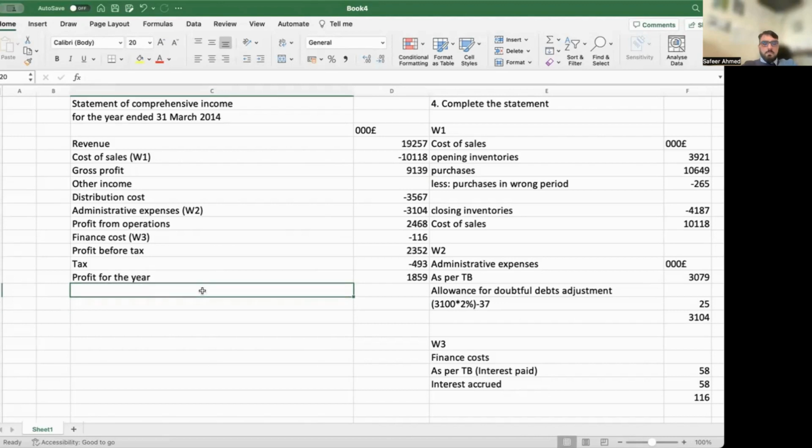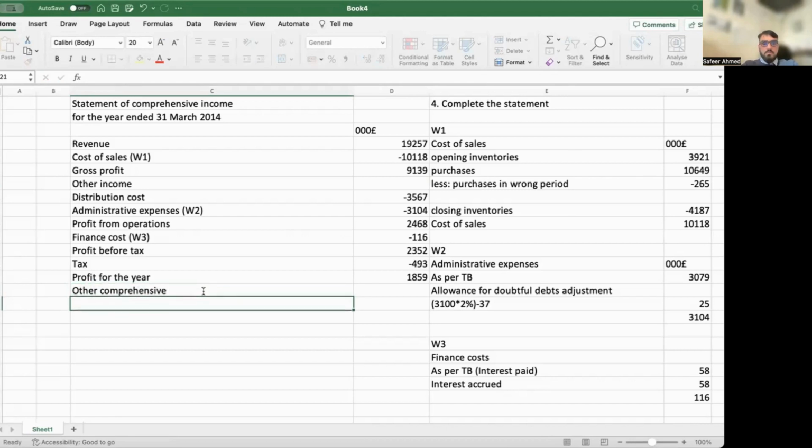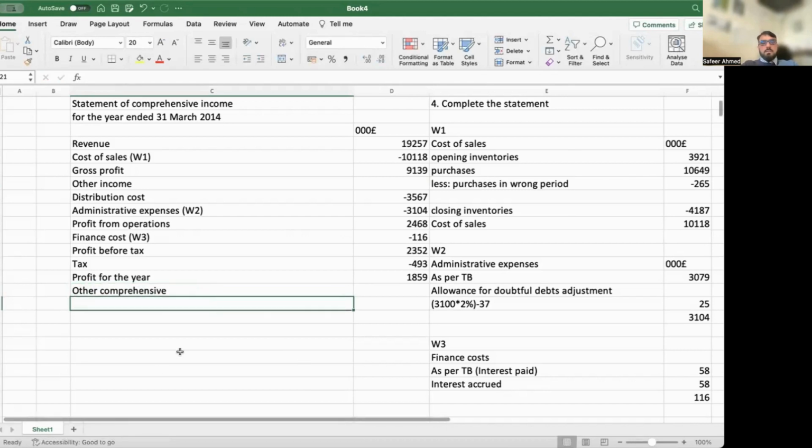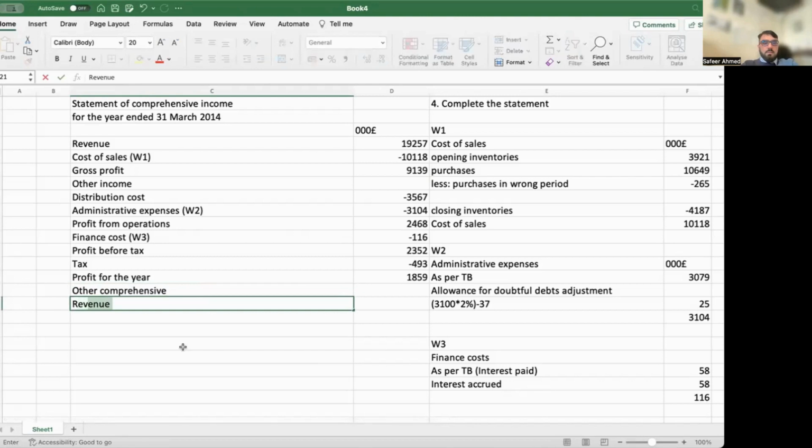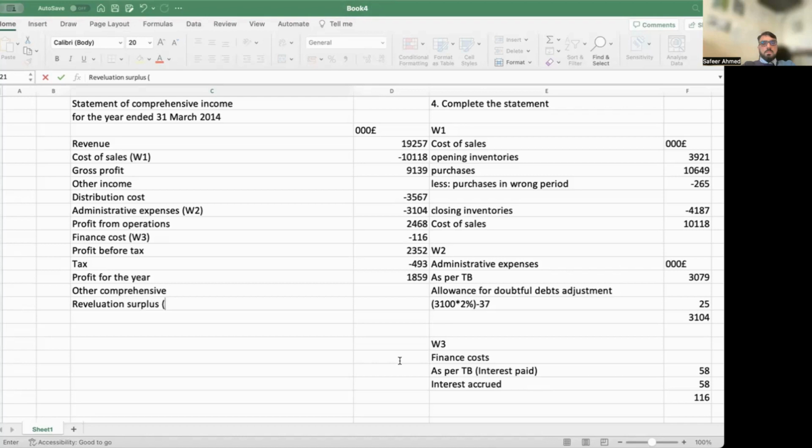So this part will be other comprehensive income. And other comprehensive income, we can clearly see that in this case, it will be revaluation surplus. And this revaluation surplus is the difference between the fair value of the non-current asset minus its carrying amount.